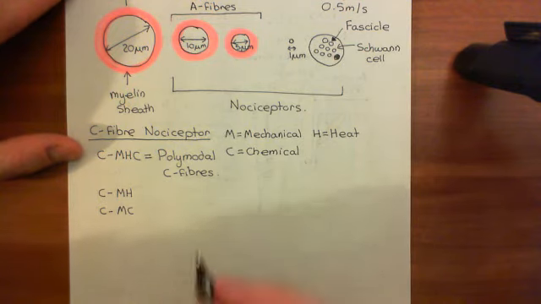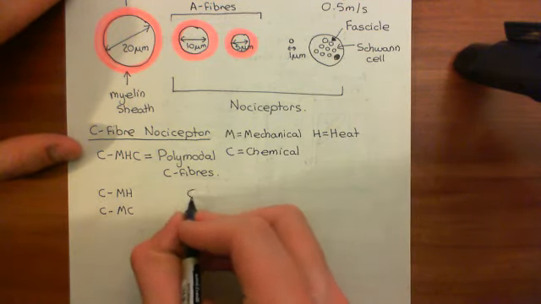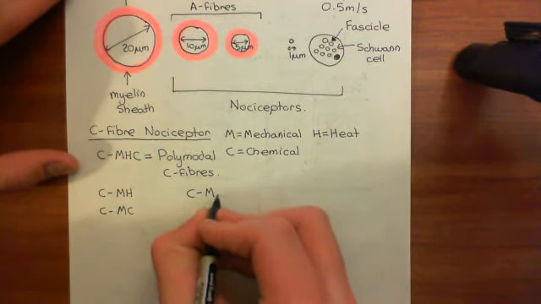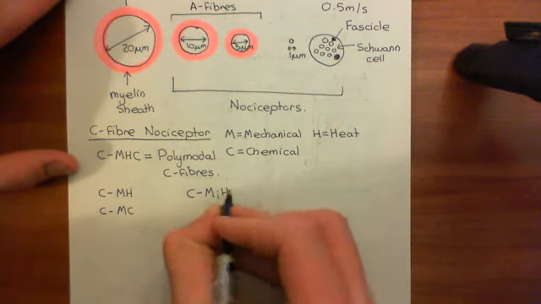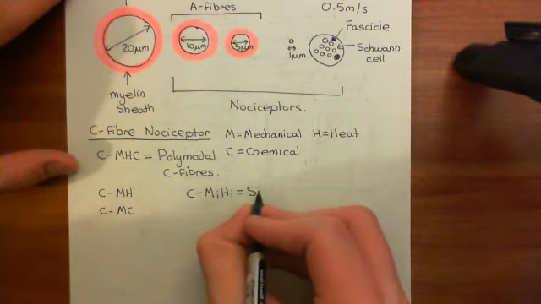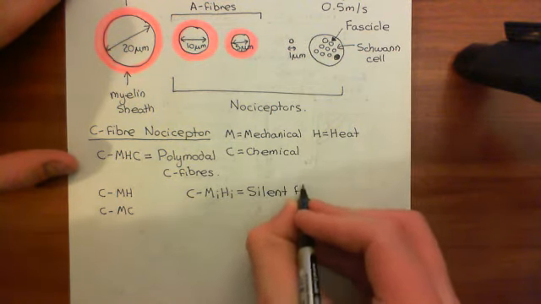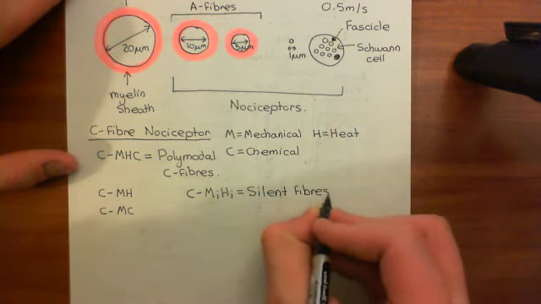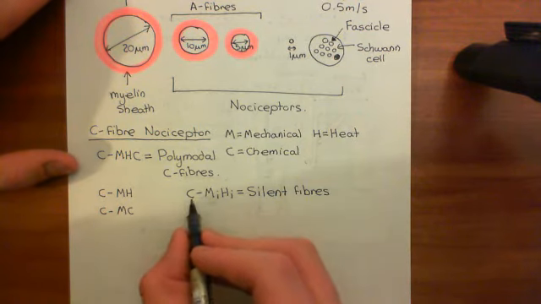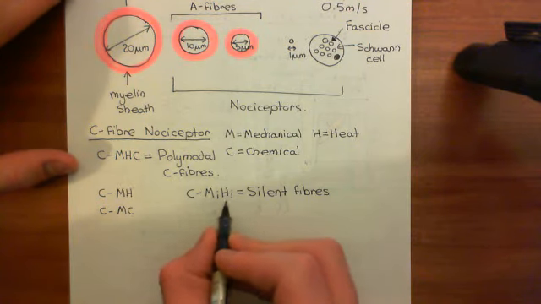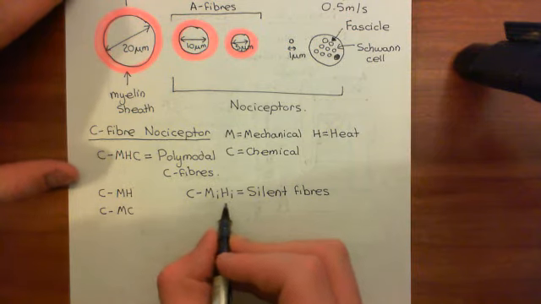And then finally, another type of C fiber nociceptor is known as the CMI-HI, and these are also called the silent C fiber nociceptors. Now why are they called that? Well, these C fibers will not usually respond to mechanical noxious stimuli or thermal noxious stimuli.